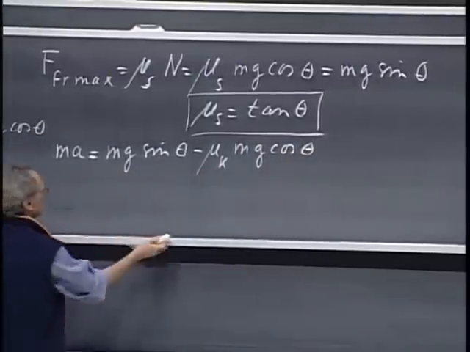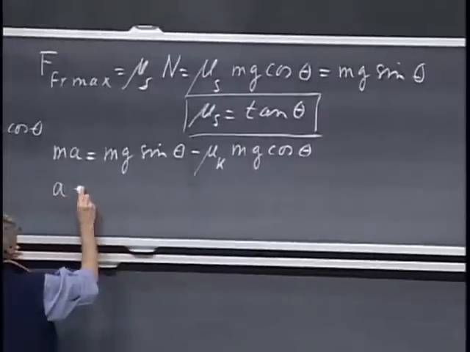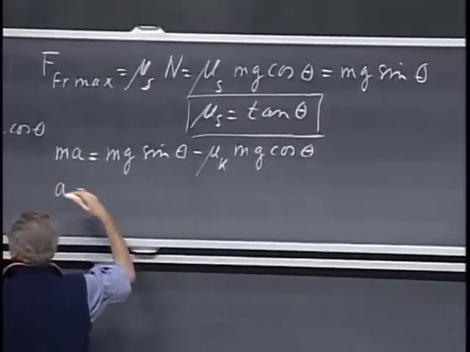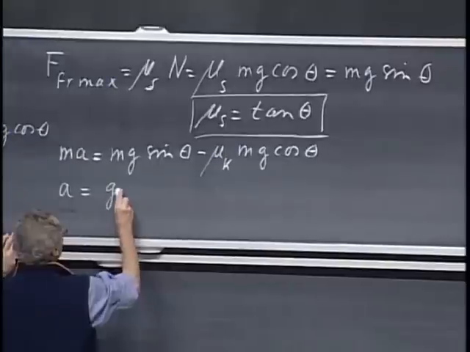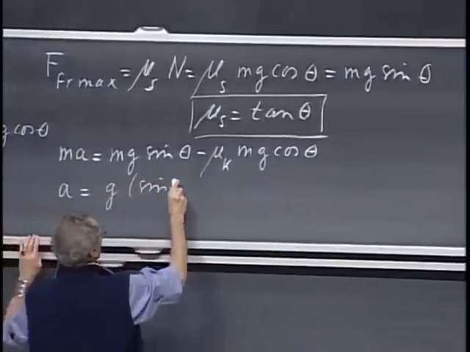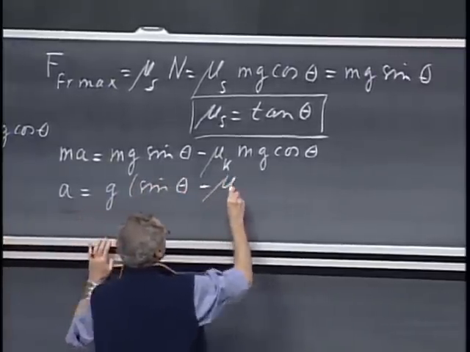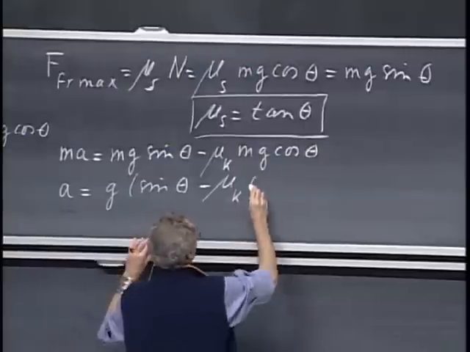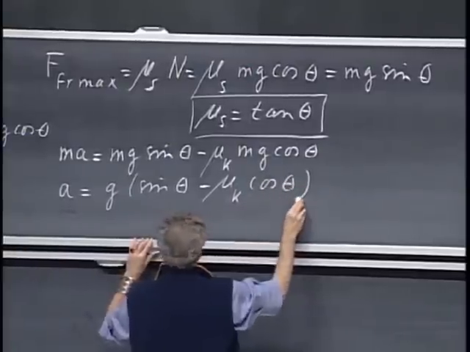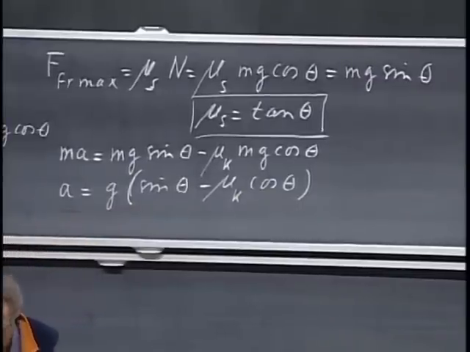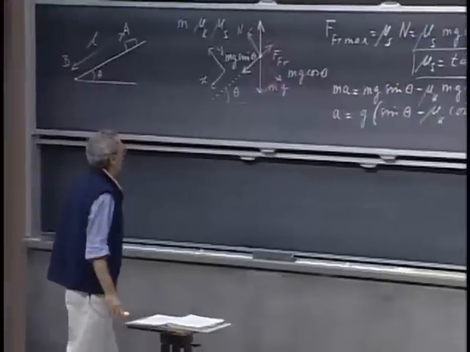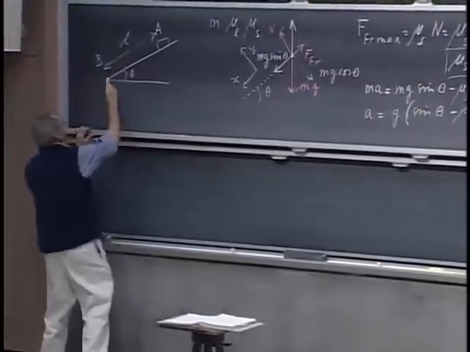I lose my m, and so the acceleration in the positive x direction, that's the way I defined positive x direction, equals g times the sine of theta minus mu k times the cosine of theta. That's the acceleration. And now a natural question would be, what is the speed at which it reaches point B?